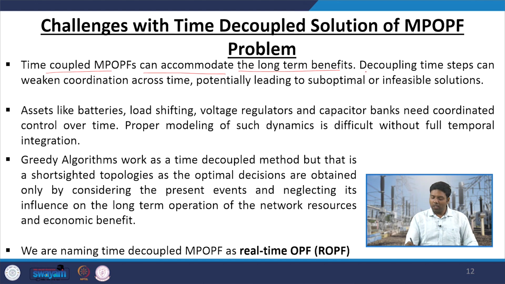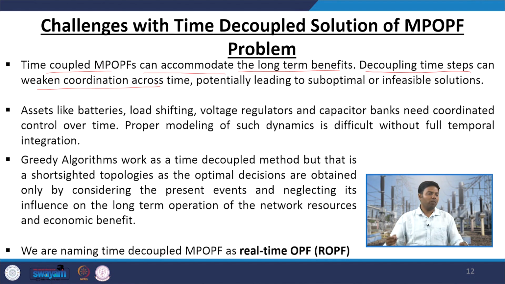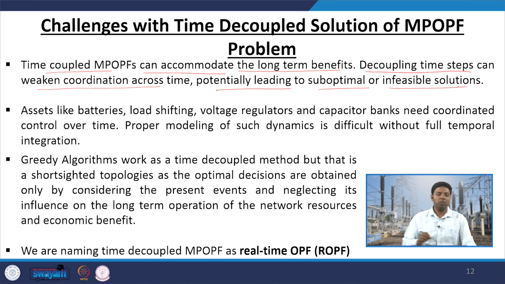If you decouple them, then decoupling the time steps can weaken the coordination across time. That means if you break the time coupling, then that advantage you cannot leverage, right. So, it potentially leads to a suboptimal or infeasible solution point. It is possible that you get a solution that is not globally optimal, or the long term benefit is not restored.